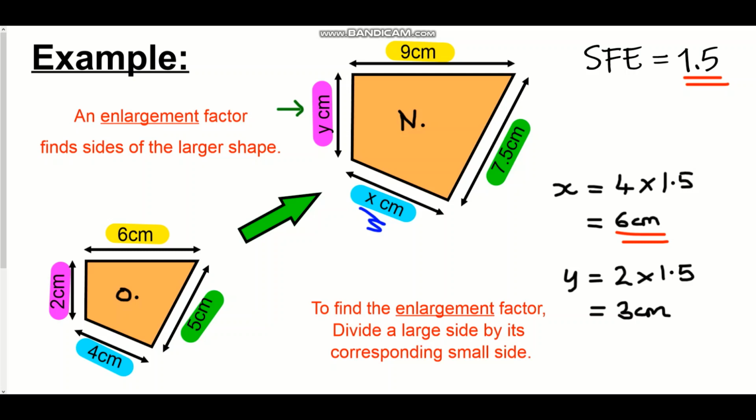And again, that's all you have to do. Nice and easy. If you're not sure about multiplying by decimal numbers, then by all means use a calculator if you have to, or set up some chimney sums, which would be even better and help practice your numeracy skills.